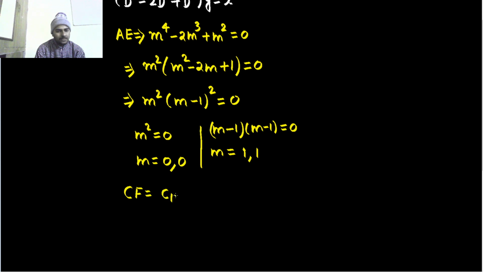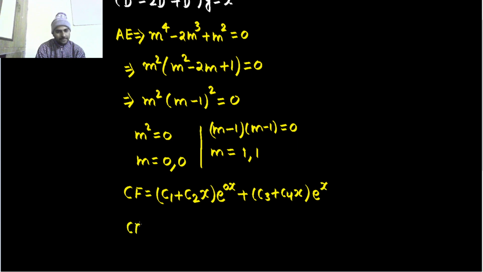C1 plus C2, because only two are repeating. With the second you will multiply x, and with that you will multiply e^(mx). So what is repeating? 0 is repeating, so e^(0x), plus C3 plus with C4 you have to multiply x because it is repeating, and e^(1x).